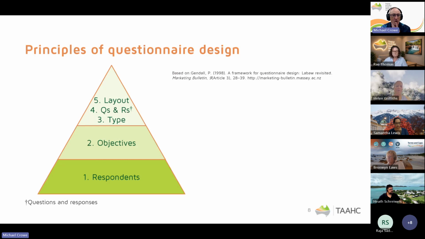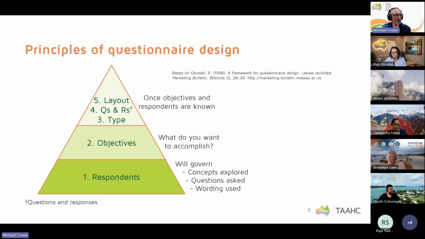Okay, so as a visual of that, that's really what I'm going to go through today. We'll start off with respondents, who are the base. If you don't figure out who your respondents are, you're going to be pretty stuck. You need to figure out what your objectives are, and then you worry about the questionnaire itself. There is a trade-off between all of these things, by the way. Who your respondents are will affect what objectives you can have.